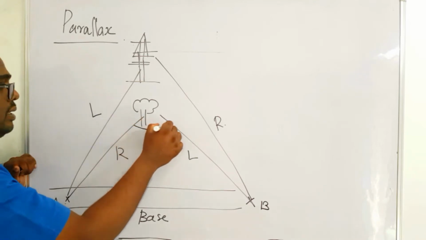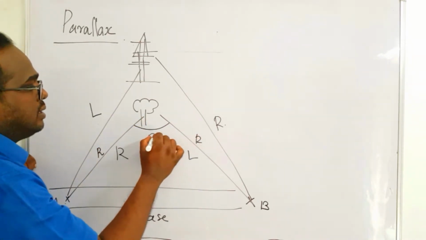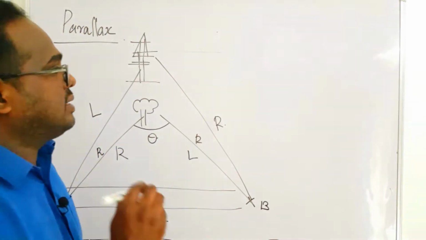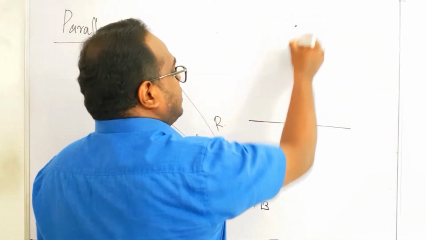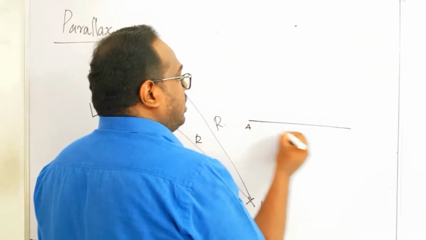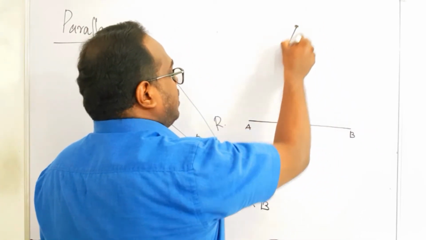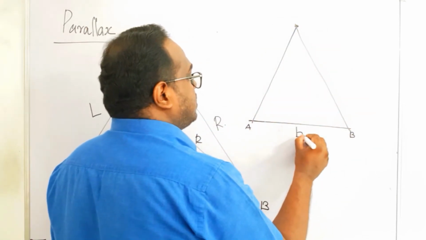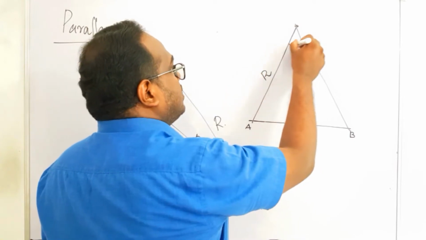Okay, if this is the base, this A to B is your base, and this is your distance r, and this is theta. This theta is called the parallax angle. For example, you draw like this. This is your first location A, this is your second location B, and this is your object, and you're observing from here and here. This is the base, this is, suppose, the radius, and this is theta.